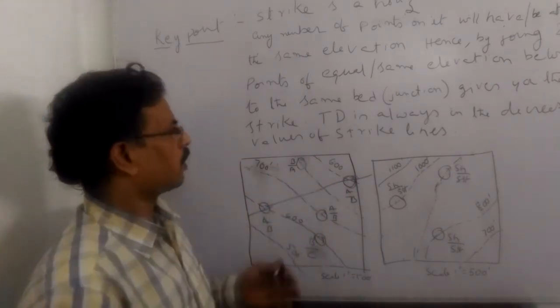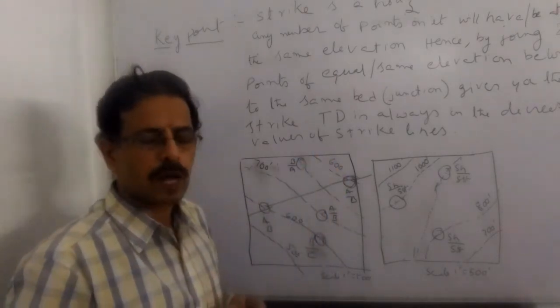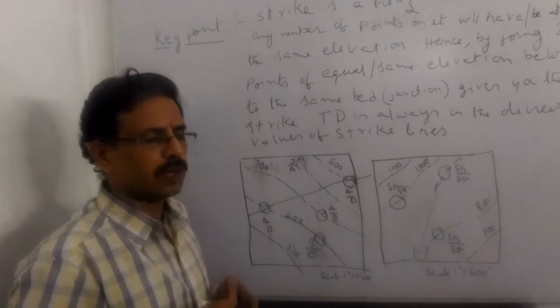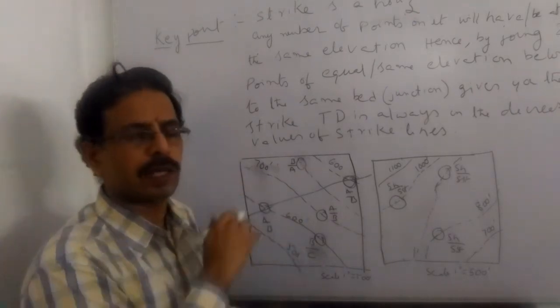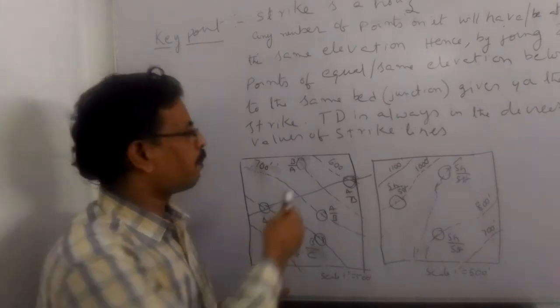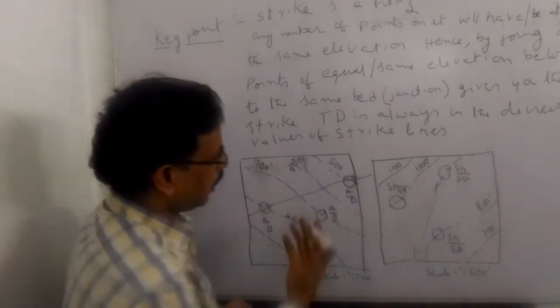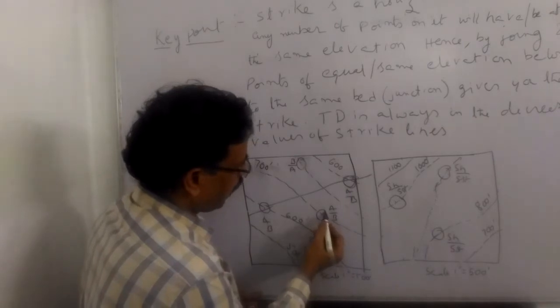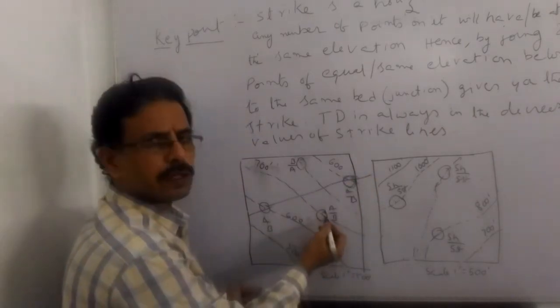Strike is a horizontal line, and one more thing is that all the strike lines are parallel to one another. So if I have one more point of another elevation, I can draw a parallel line to this straight line. See, this is 700 of A by B, the same bed junction.